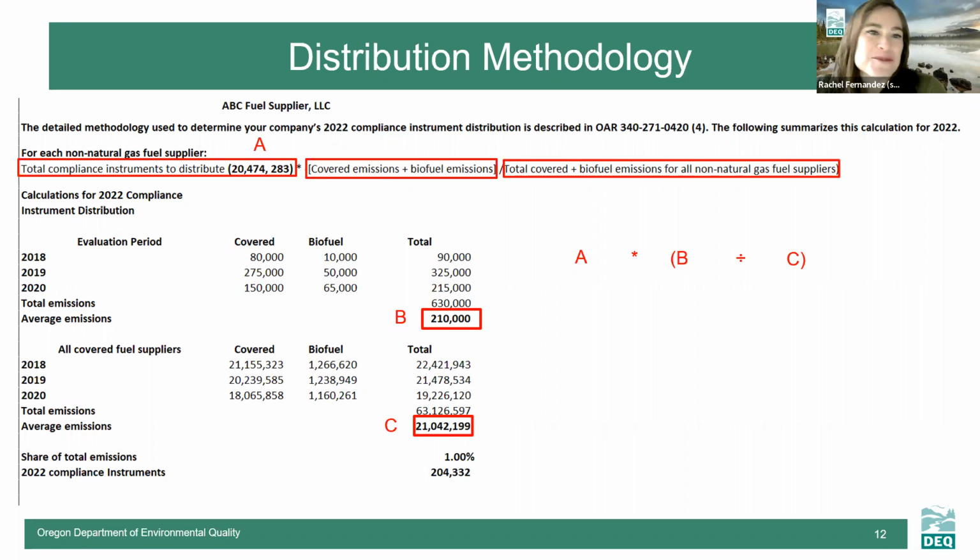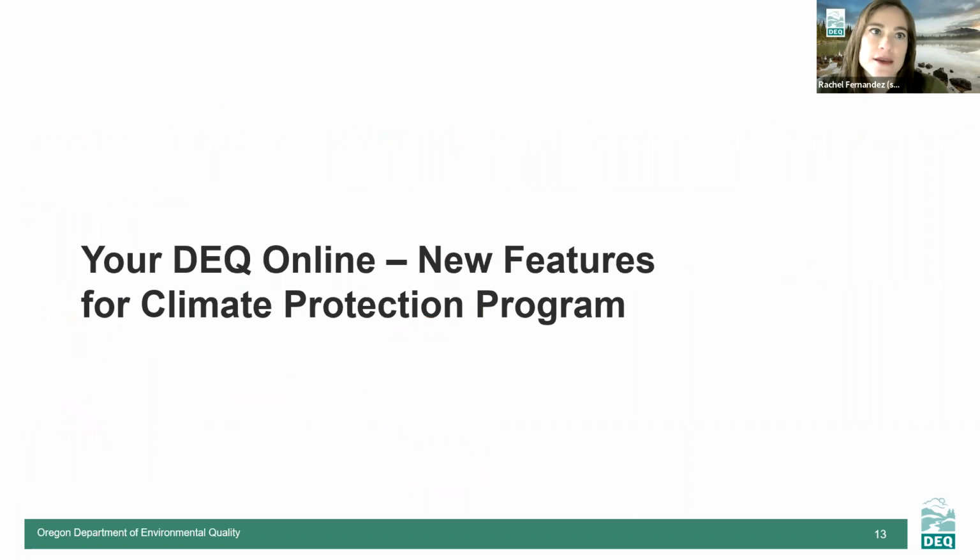And one more time, that number gets you to the number of compliance instruments that your company received. And of course, if you do have questions about that, we can talk about that later in the presentation.